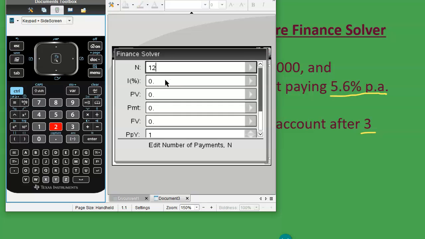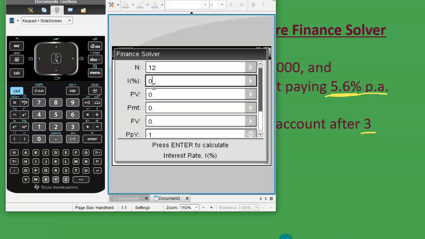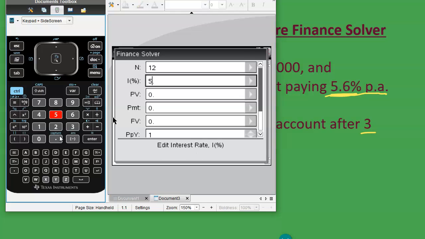Or if it has been given in quarterly interest form, then you have to multiply by 4 to get the annual interest rate, because I is always the per annum interest. Okay, this you have to remember. So they have given us 5.6% per annum. So we write this as 5.6.